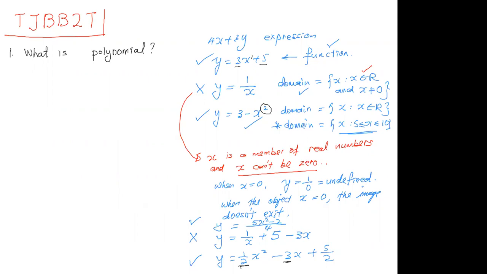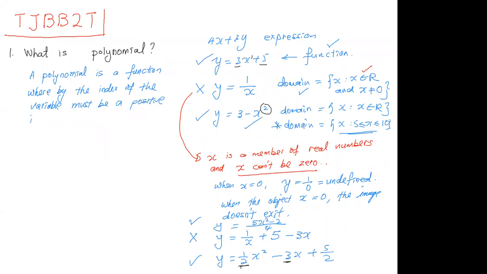A polynomial is a function whereby the index, you can say the index, you can say the power, of the variable must be a positive integer.